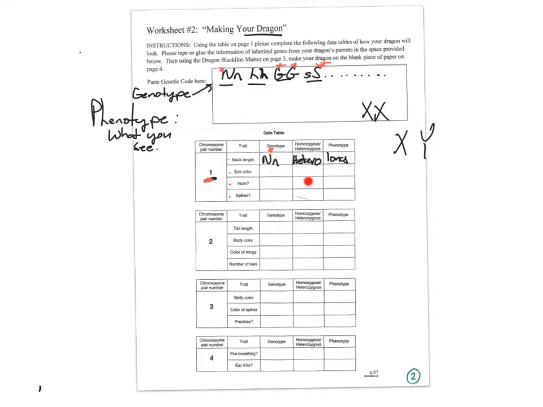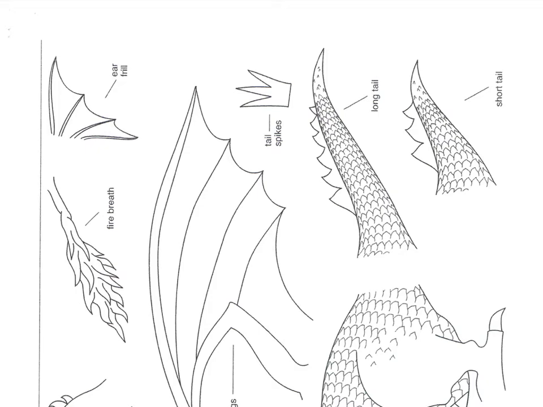Then you fill in your genotype, your homo or hetero, and the phenotype, one genotype, and then the phenotype for all three chromosomes, for all 13 genes. All right, let's go on to the next page.